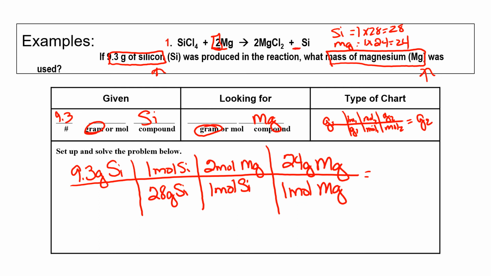So we have 9.3 times 1 divided by 2.8 times 2 divided by 1 times 24 divided by 1 equals 159.4 grams.